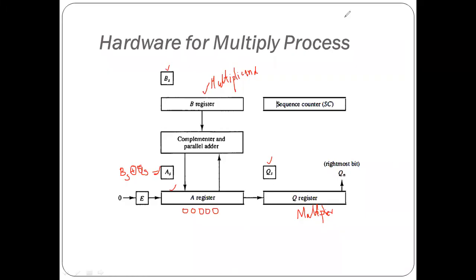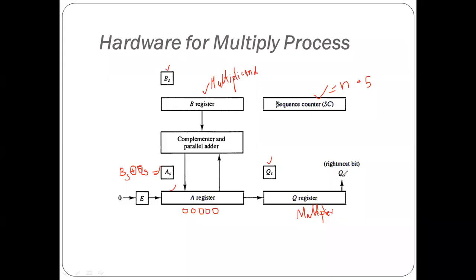And what is the process? You require one sequence counter. How many times does this multiplicand need to be added to the accumulator? The sequence counter will hold n, and here n is 5.